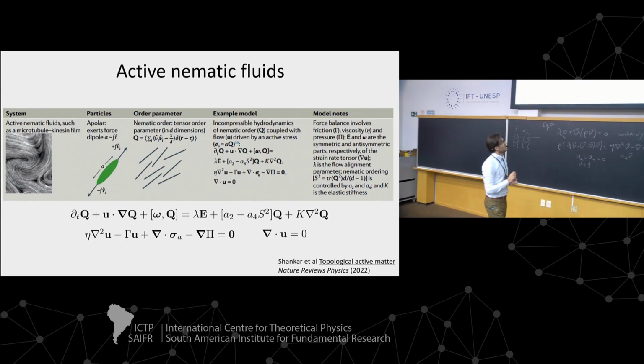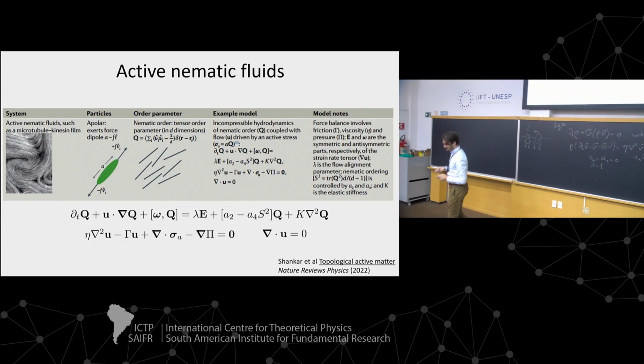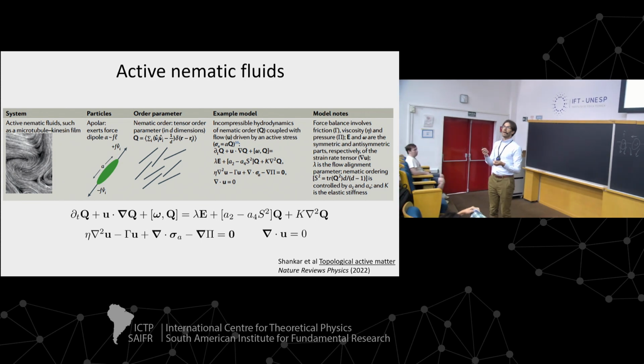All right, and then I wanted to go through the second to last example of active fluids. This one is perhaps the most complicated one, which is the active nematic fluid. This was the example that I showed you in the beginning with the pattern-forming system.